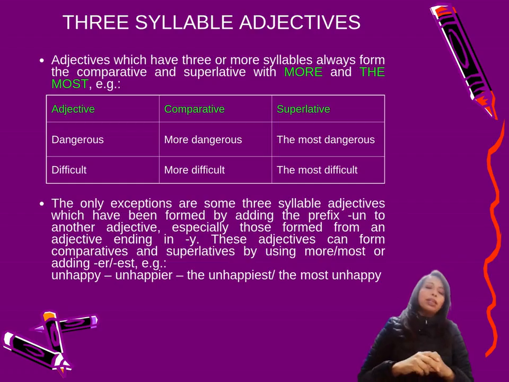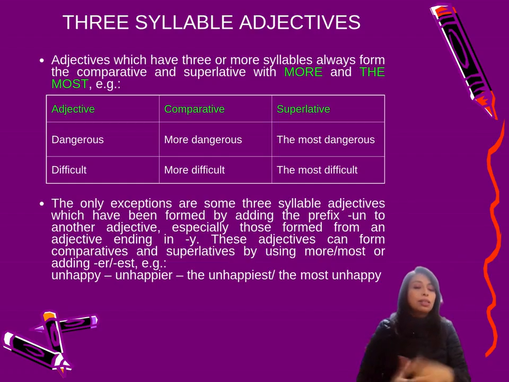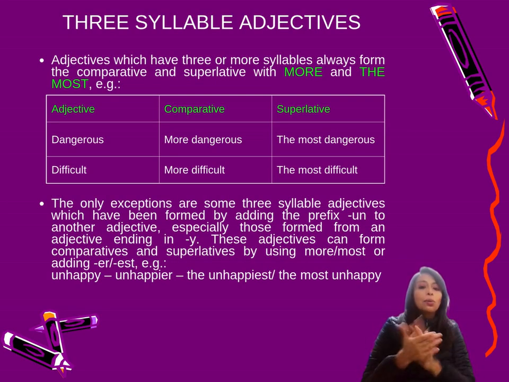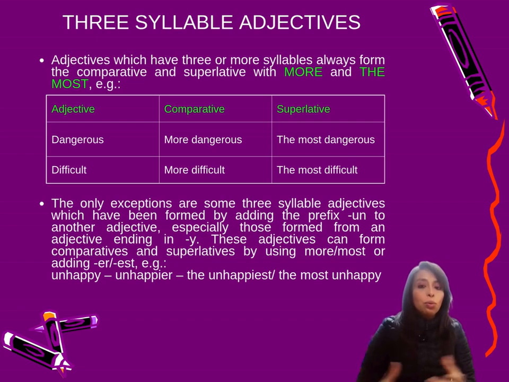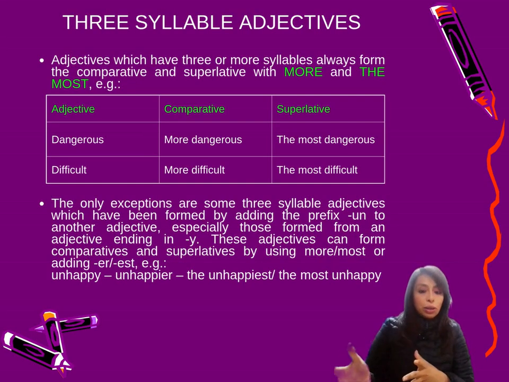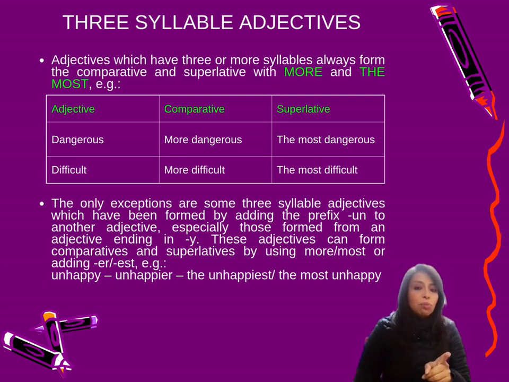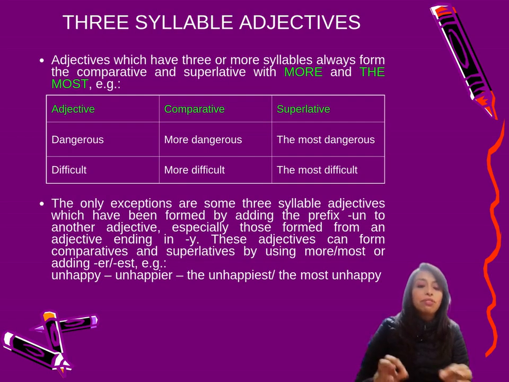And the same happens if you have three syllable adjectives. It means more than two syllables. Dangerous. So add more and the most for the comparative and superlative. The only exceptions are some three-syllable adjectives which have been formed by adding the prefix un to another adjective, especially those formed from an adjective ending in y.